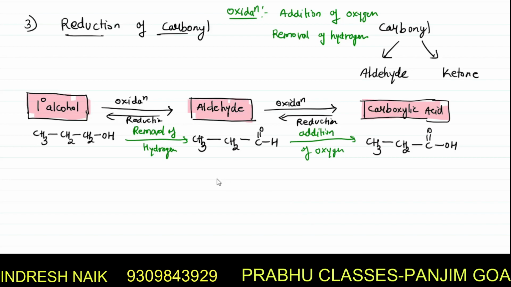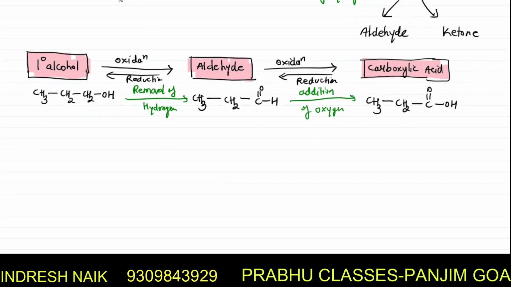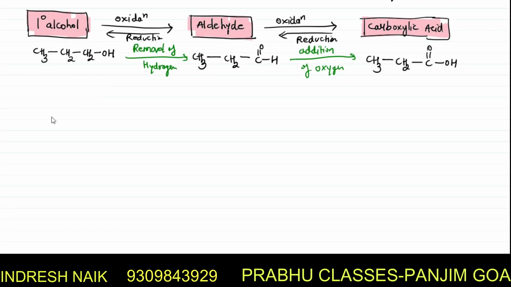Now what if we take a secondary alcohol? Keep this flowchart in mind. If we do the oxidation of this secondary alcohol, what we get is a ketone.